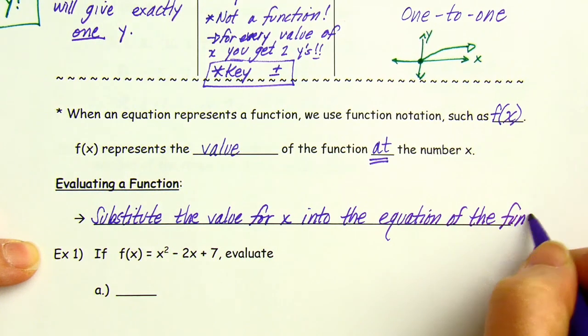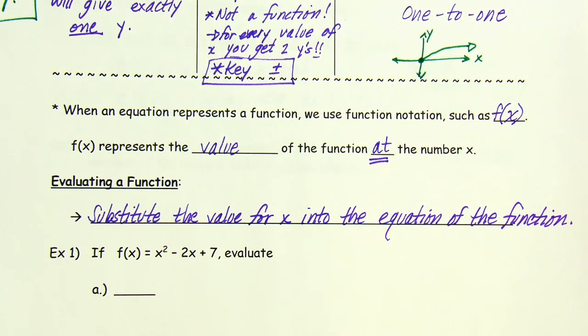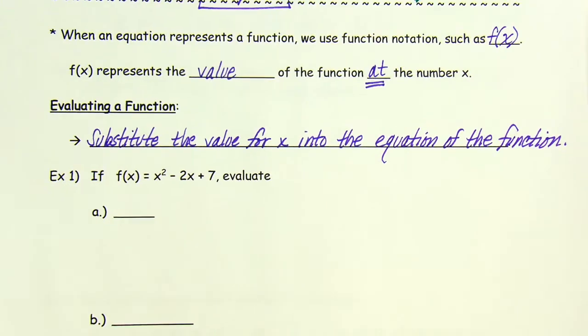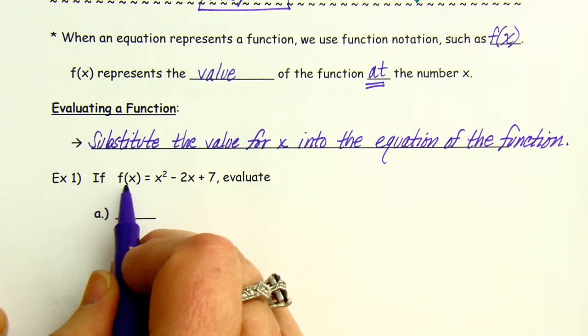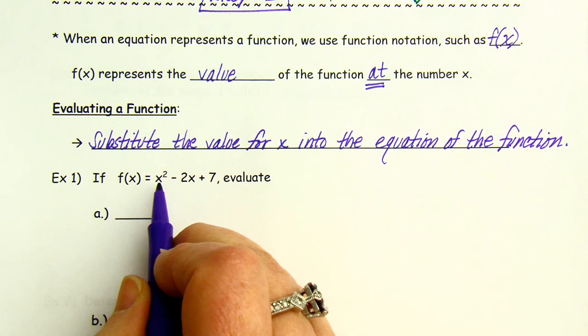Okay? In other words, here in example 1, I have an equation, a function. I know it's a function because it's function notation, f of x. I also know it's a function because this is quadratic, and a quadratic is the graph of a parabola. And a parabola passes the vertical line test. So I know this is a function.